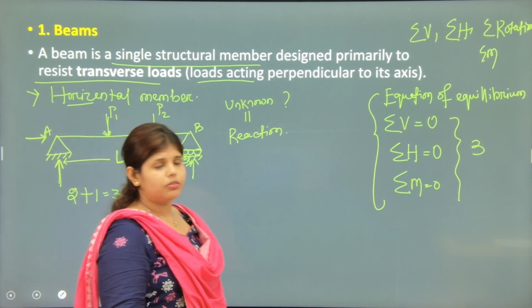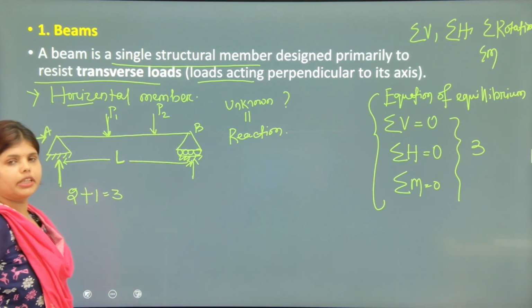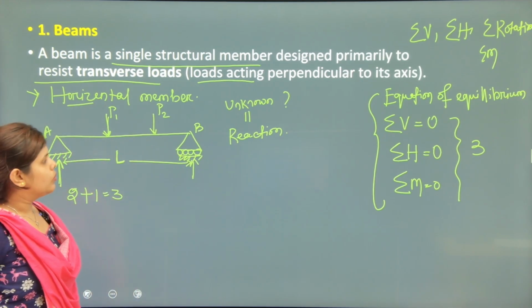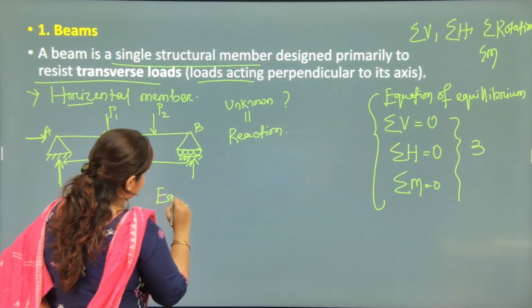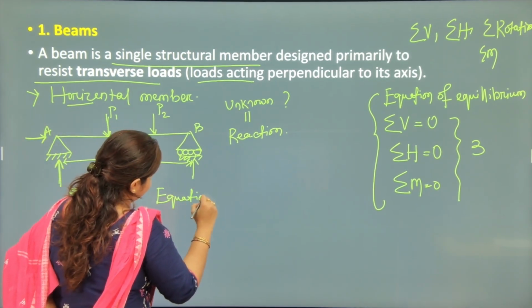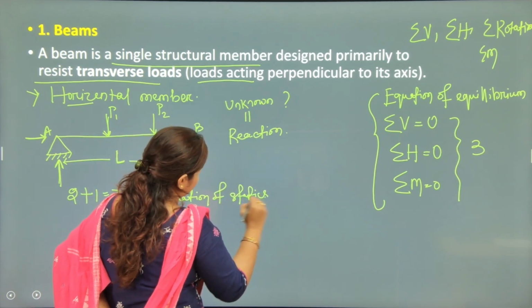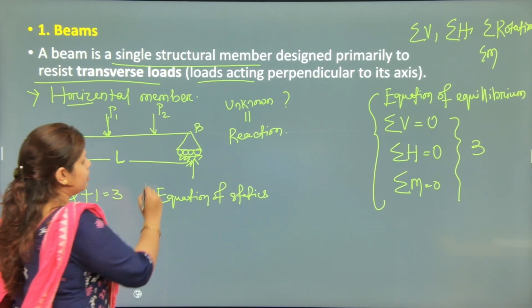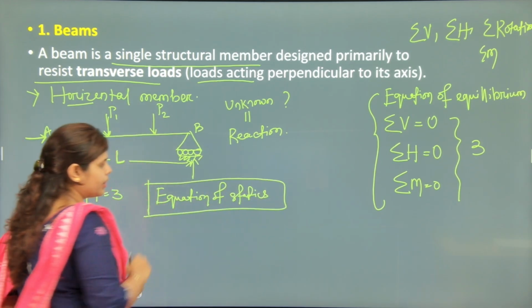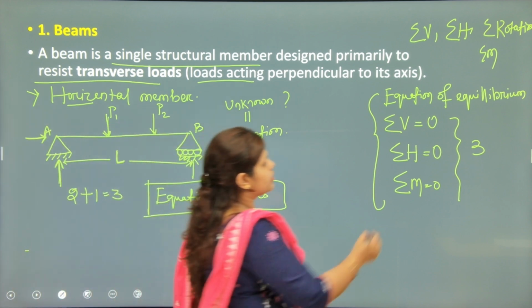Whenever we solve the beam, statically determinate or indeterminate, we need to know the equations of statics. The equation of statics is nothing more than the equation of equilibrium, because in case of statics, we don't consider this thing.